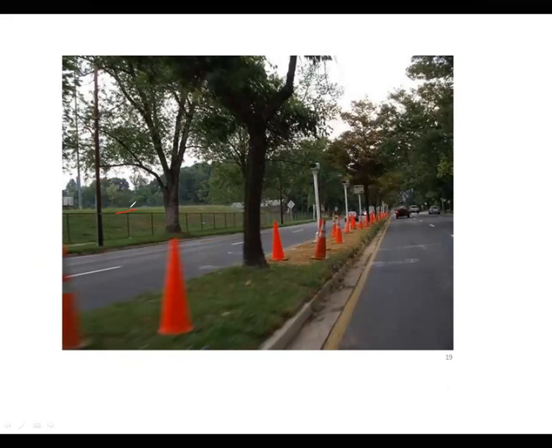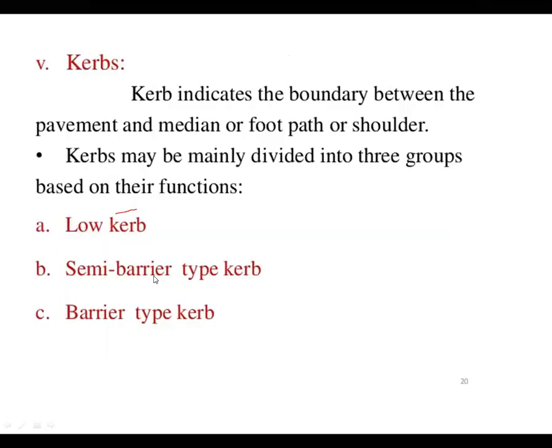It is provided to avoid the vehicle from moving outside the road into a residential area or another area. So that's why the guardrail is provided. The width of the guardrail is not much, but the space should be provided.